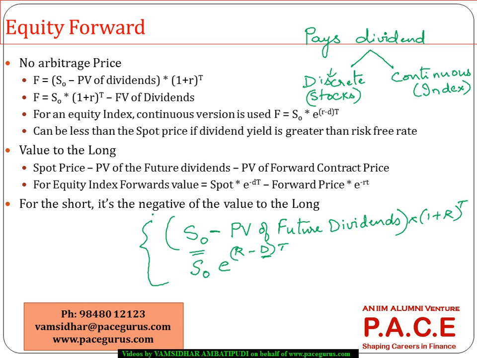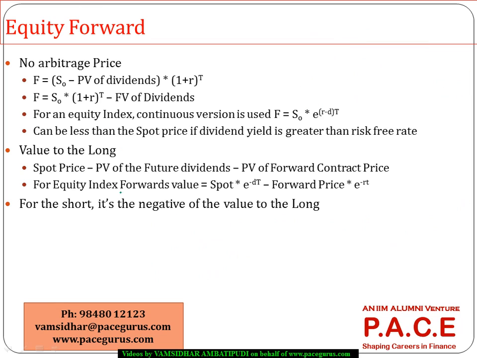And again, whenever we are talking about the value, the same logic applies: the spot price minus the present value of the forward price. But the only thing is, the spot price has to be adjusted with the present value of the dividends that are still outstanding during the maturity of the contract.